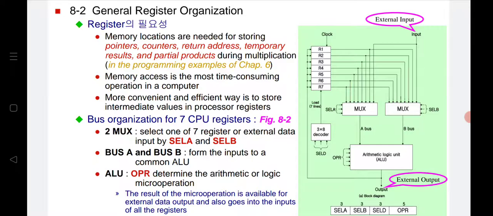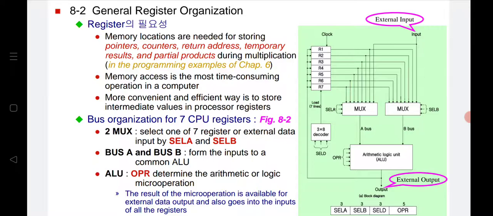Out of these 8 inputs, 1 will be selected and given as output to the A bus, if it is mux A. So the A bus contains any of the data from R1 to R7 or the external input data.